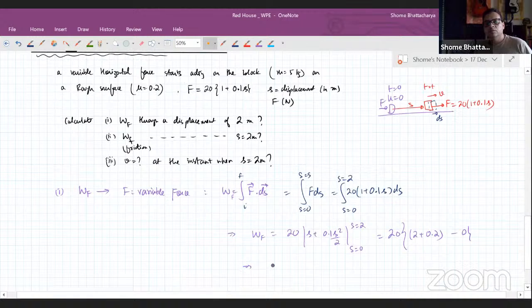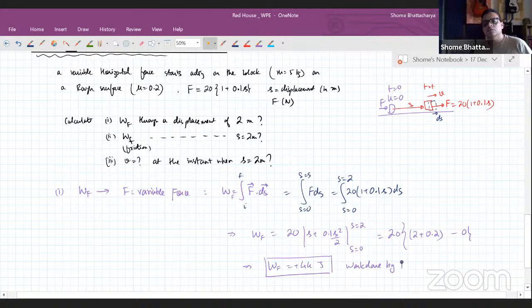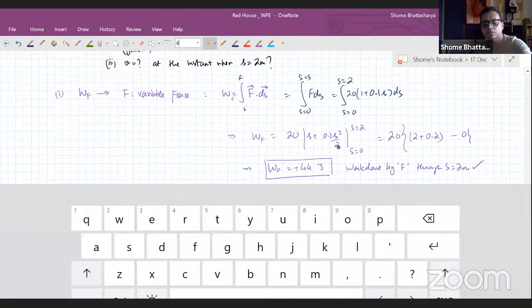So the net work done by F will be 2.2 multiplied by 20, that is 44 joules. So positive 44 joules is the work done by F through a displacement of 2 meters. I'm just going to minimize this a little bit so that you can go through this carefully.